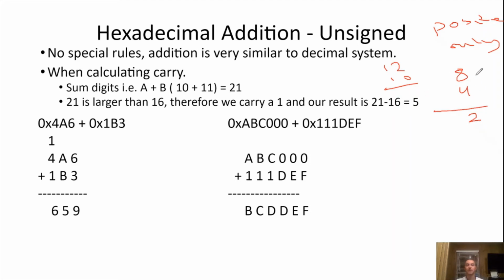So we have the value of the base, which is the next most significant one, and we deduct that from this sum. So 8 plus 4 is 12. We deduct the base, which is the value of the next most significant one, because we're going to get 1 here.